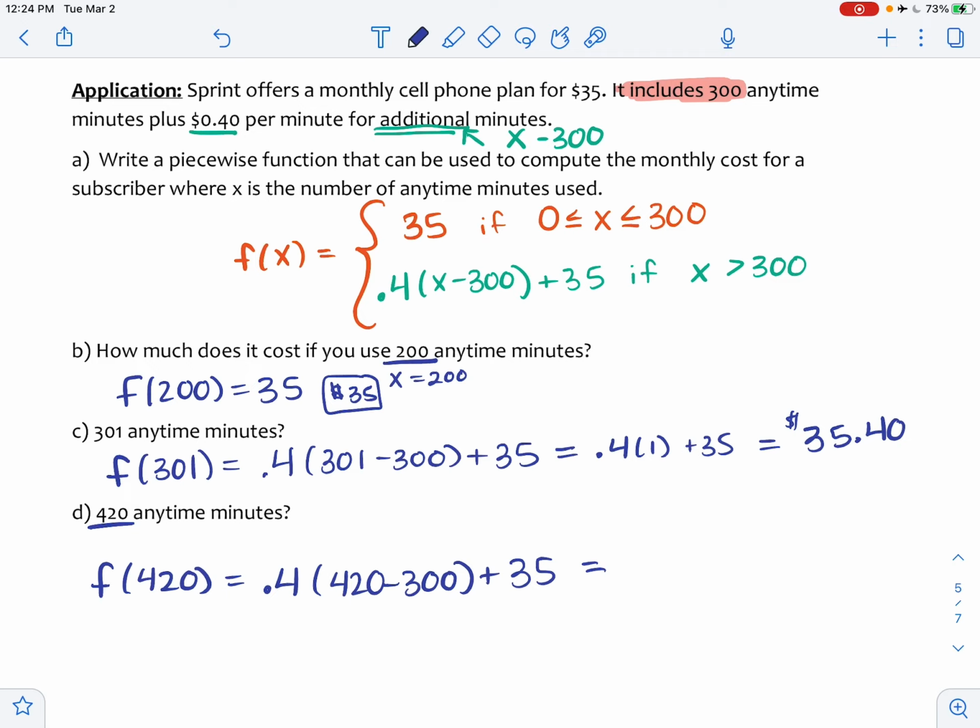So we've got 0.4 times 120 plus 35. 0.4 times 120 is 48. 48 plus 35 is 83. So it would cost you $83 for 420 minutes of talking.